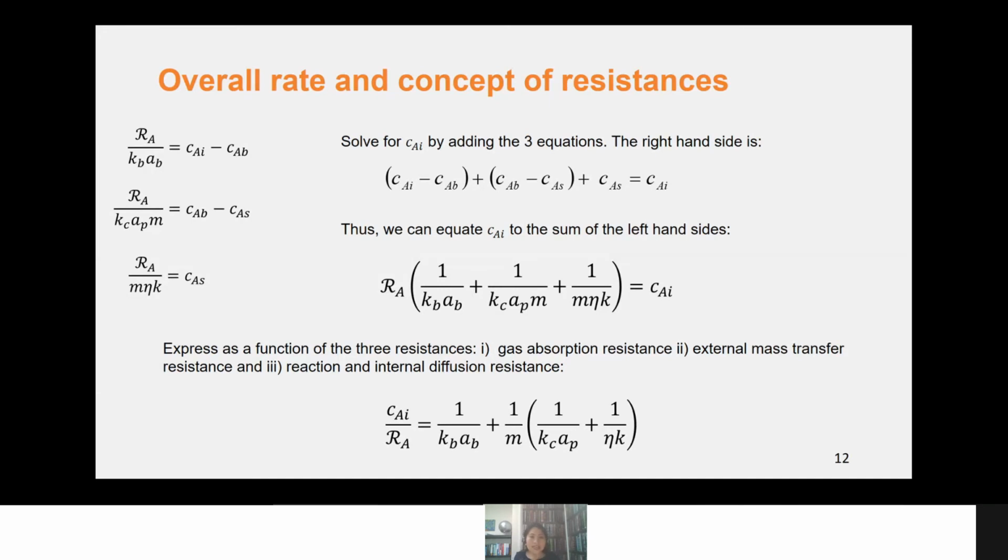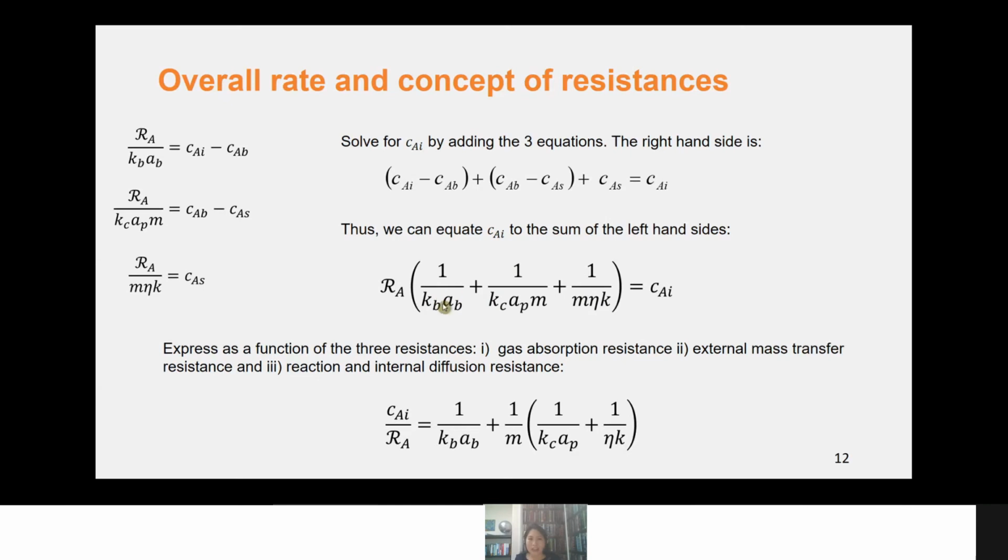After discussing the steps in a three-phase catalytic reactor, we went on to define the rates of each of these steps. We showed that at steady state, these rates should be equal. I hope you can see my slide. The overall rate of reaction is equal to the concentration of reactant A at the gas-liquid interface divided by the sum of resistances.